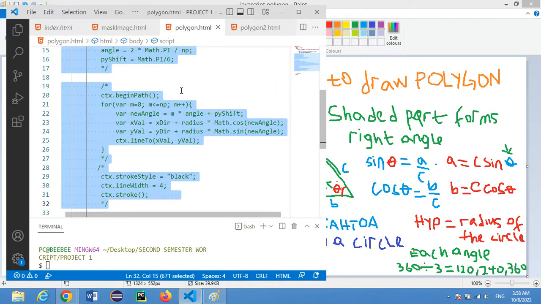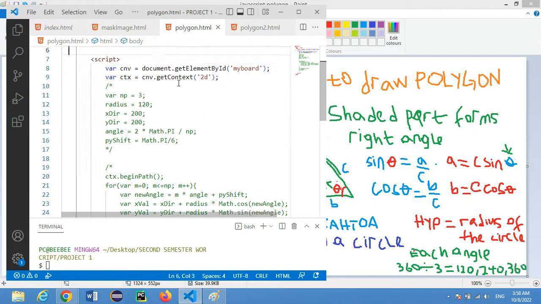Okay, now let us set up our variables. This variable is assigned the number of sides for our polygon, and I call that MP. Our triangle is 3 sides.